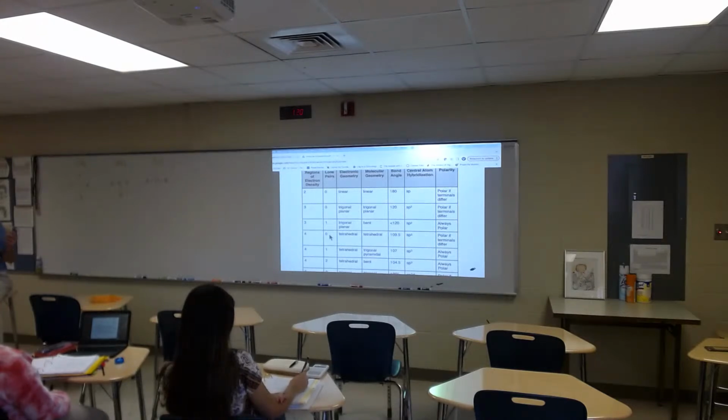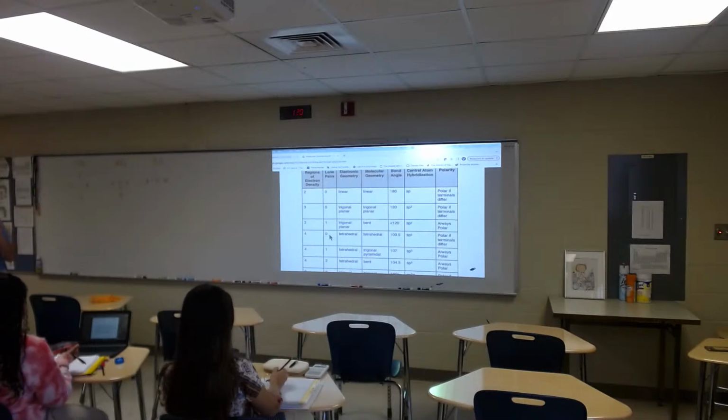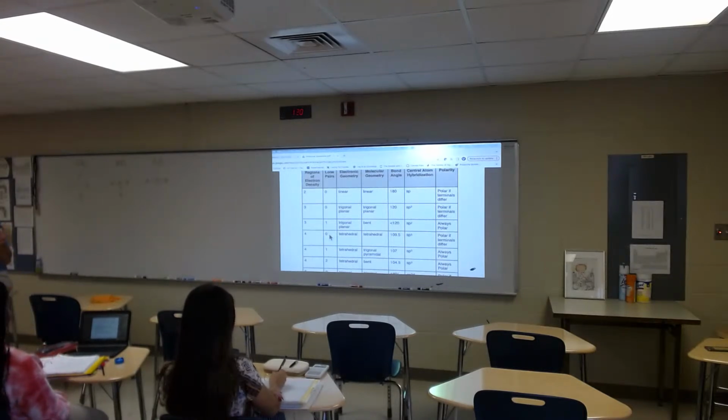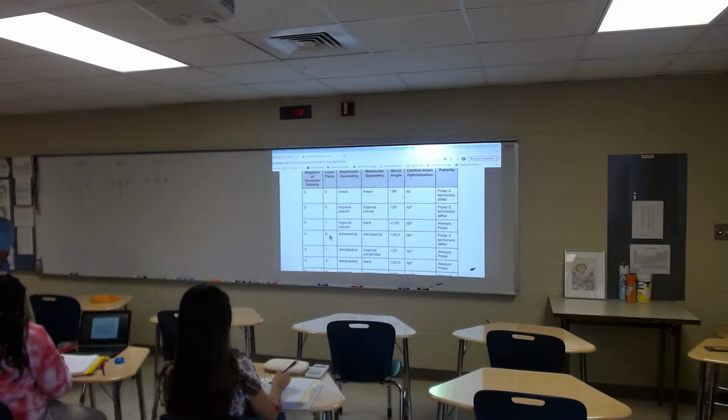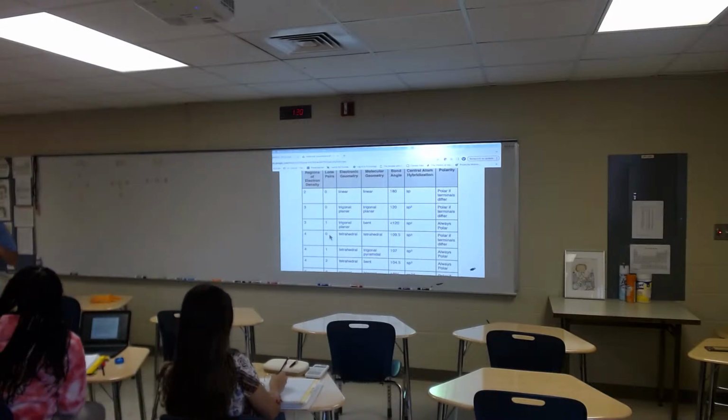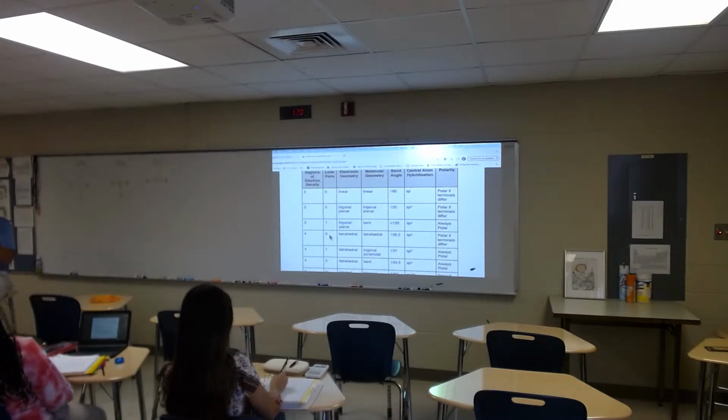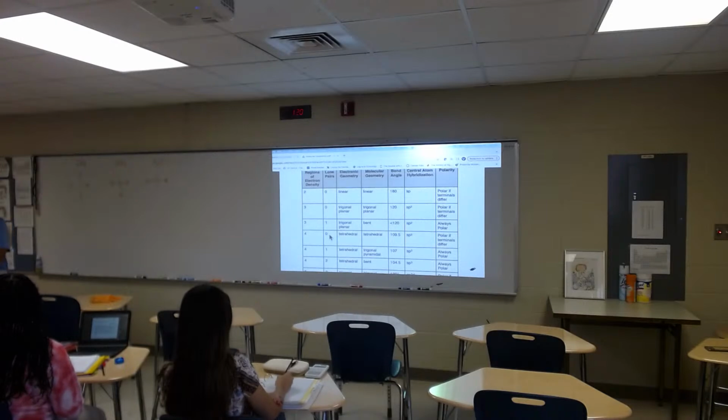Now, how about the 107 and the 104.5? It would be great if we remember the exact numbers, but more important than the exact numbers is the fact that it gets less each time that we have a lone pair instead of an atom. So when I take this atom off, it seems strange if you think about it, but a lone pair takes up more space than a bonding pair.